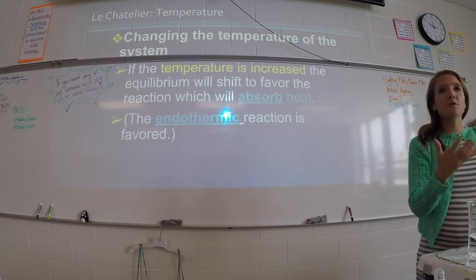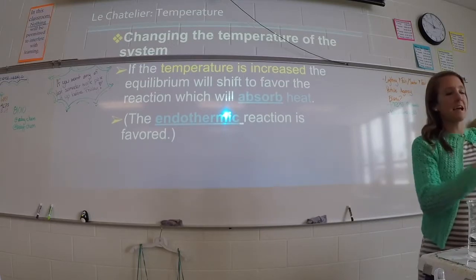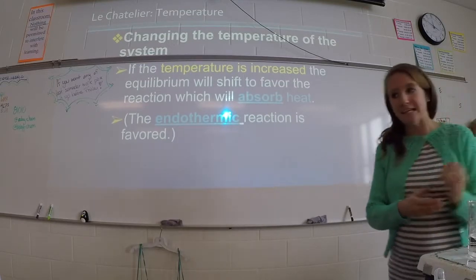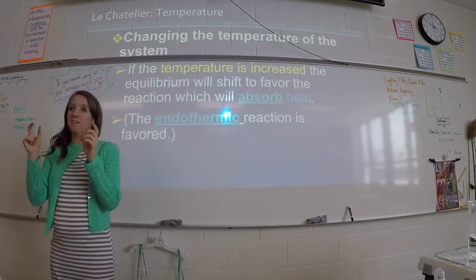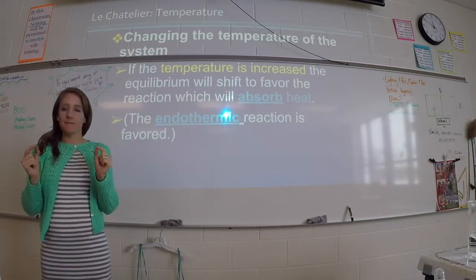So the first thing we need to review is how we know whether a reaction is exo or endothermic, because it will change depending on the type of reaction that it is.